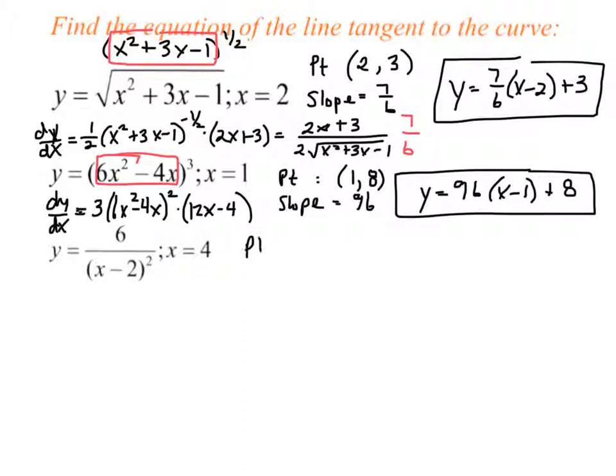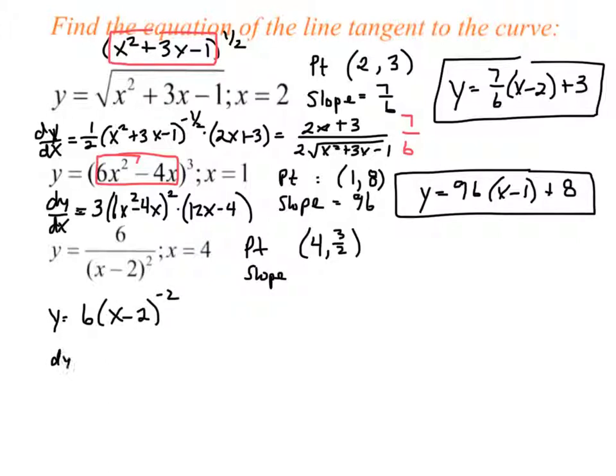I need a point, I need a slope. Well, the point, I gave it that x was 4. I plugged 4 in. 4 minus 2 is 2. 2 squared is 4. So 6/4, or I could reduce that to 3/2. And to get the derivative, I'm going to start by rewriting this as 6 times x minus 2 to the negative second.